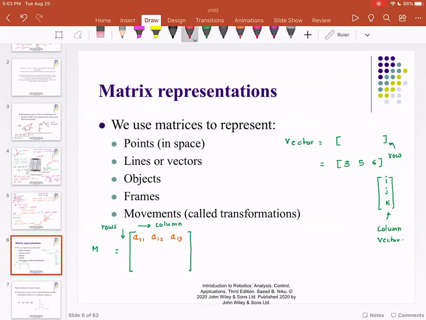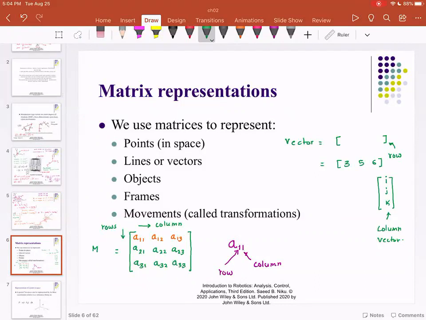So when I say A, 1, 1, this indicates the row and this indicates the column position. Then you could have A, second row, first column, second row, second column, second row, third column. You could have A, third row, first column, third row, second column, third row, third column.